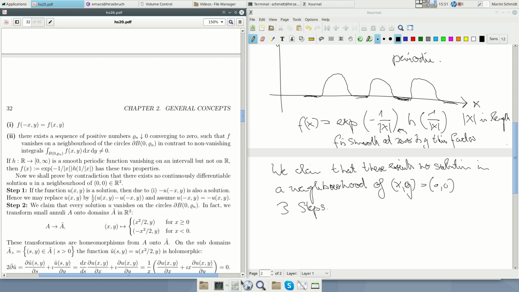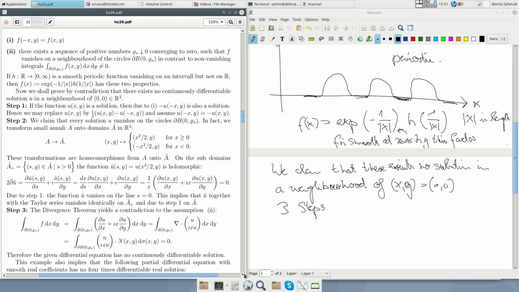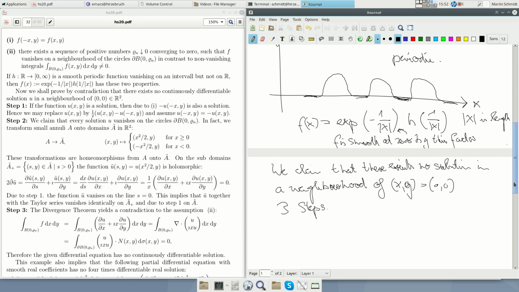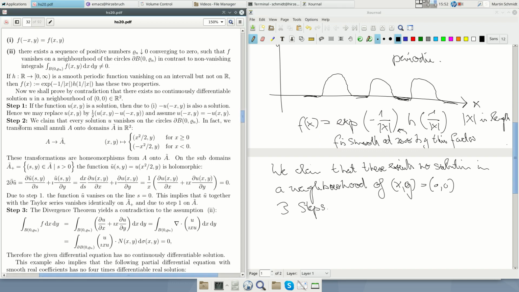Now we claim that all solutions vanish on these circles. They vanish on these circles. So in this example, they vanish along these circles here. This is the second step. Okay, now we make a transformation.